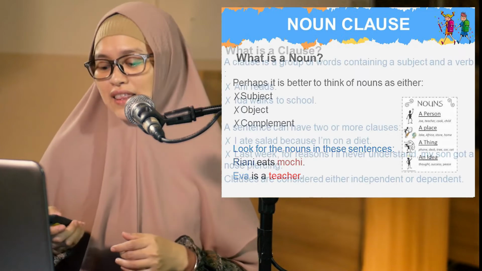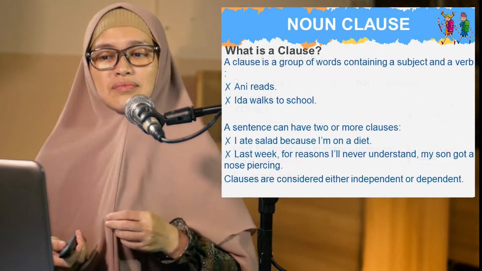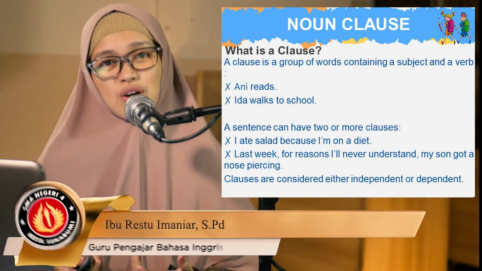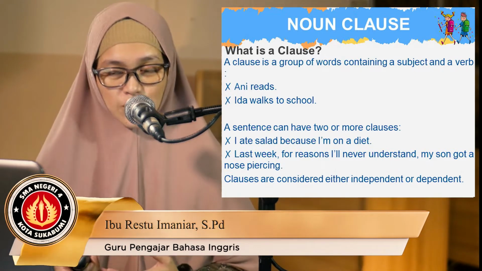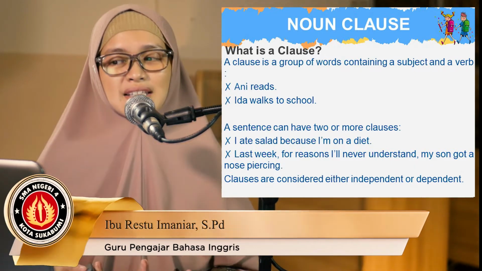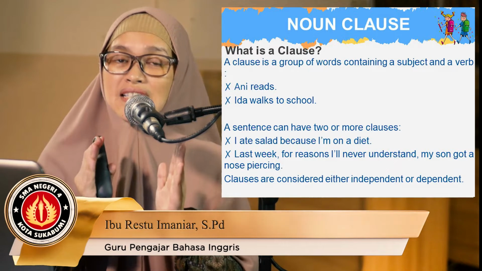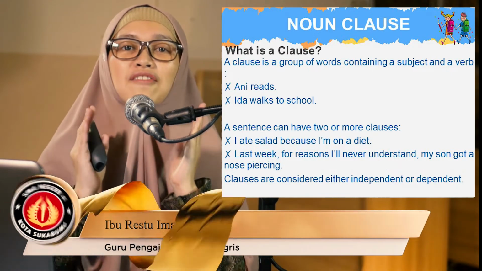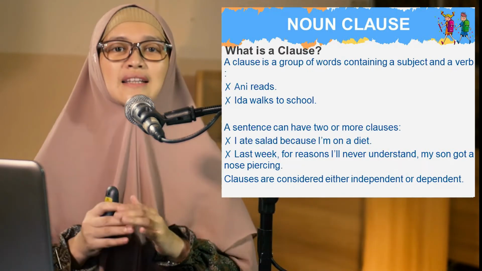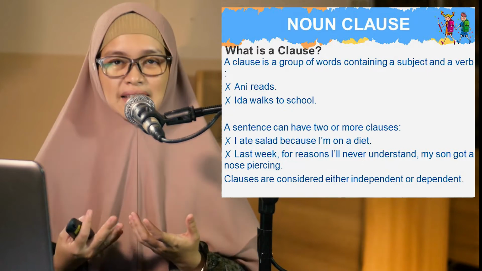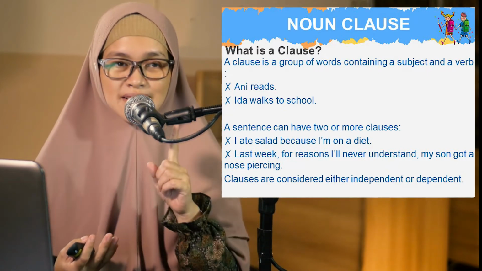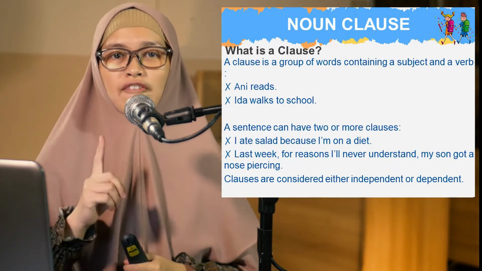And then let's see here. What is a clause? A clause is a group of words containing a subject and a verb. It means that it has at least one subject and one verb.